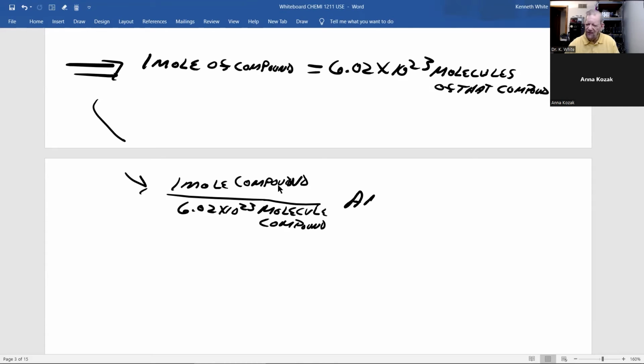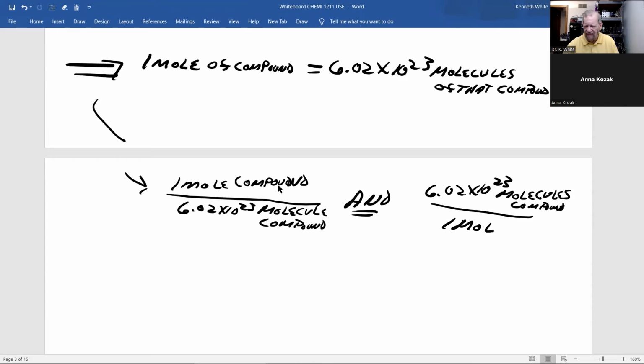And the reverse, 6.02 times 10 to the 23rd molecules of the compound per 1 mole of the compound.